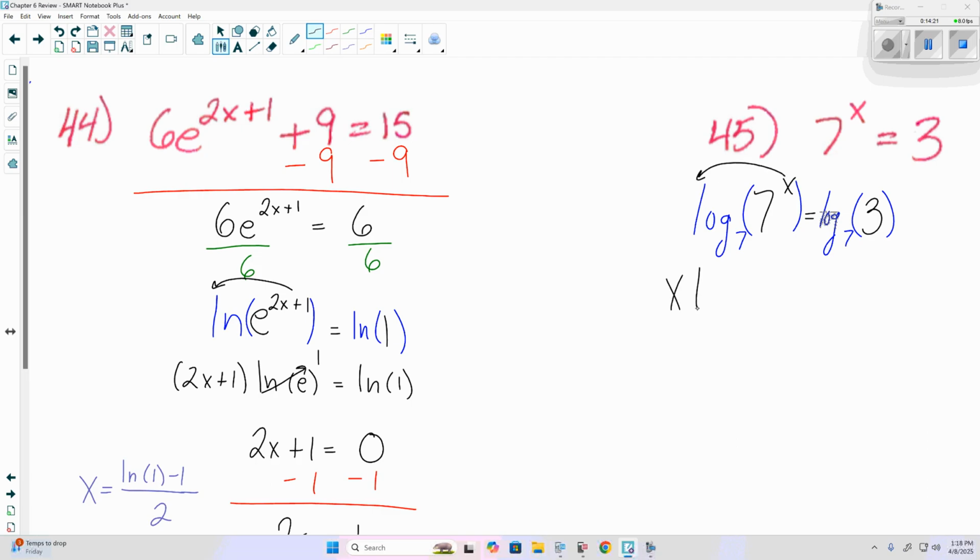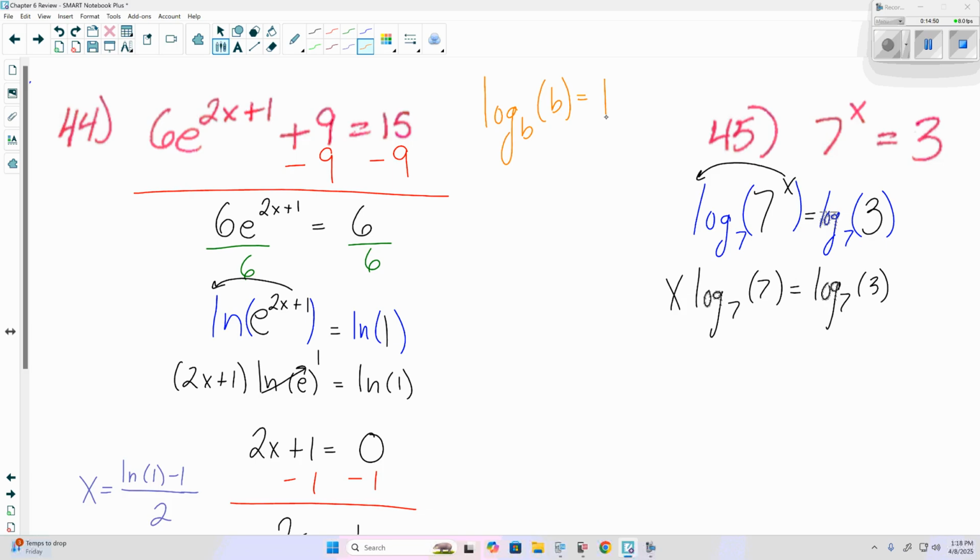The reason we use logs was to get the variable out of the exponent, telling us that we have x times log base 7 of 7 equals log base 7 of 3. Now, the main reason I used log base 7 for this here is because log base b of b is 1.